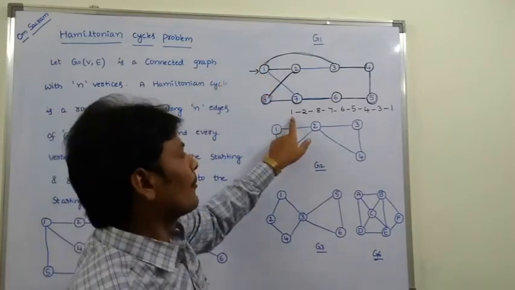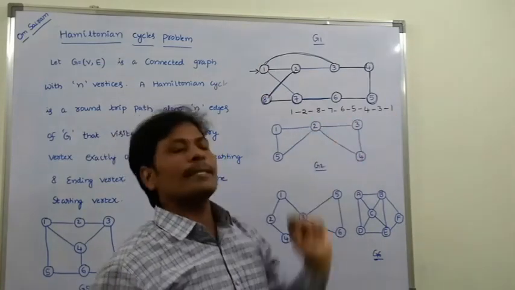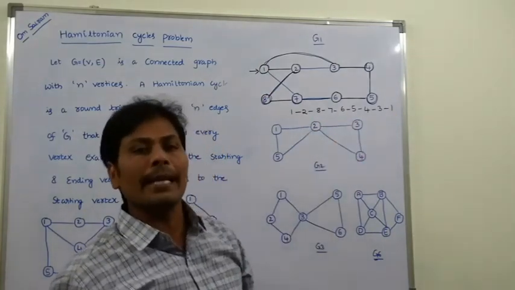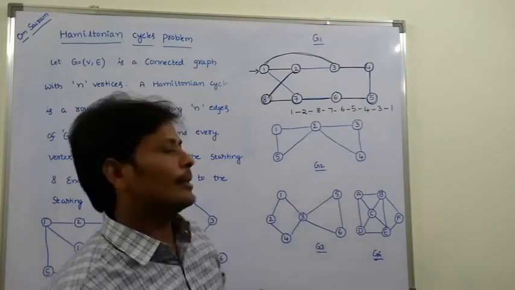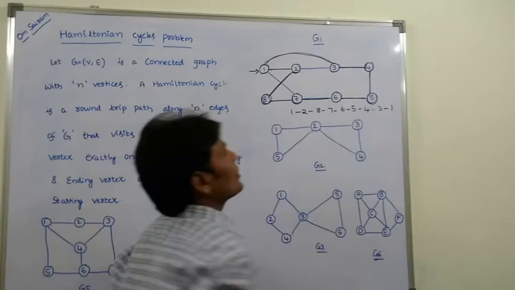Except for the first vertex and last vertex, the remaining vertices in the given graph are visited exactly once. Suppose we start at vertex 4.